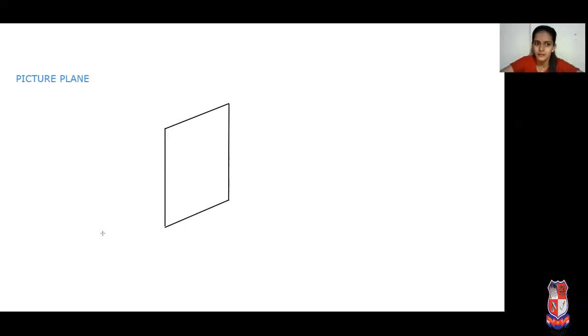So now, the perspective view of any object will appear on this plane. Sometimes it may be behind the object, like this. Sometimes it may be ahead of the object. Sometimes the object may touch the picture plane, right?